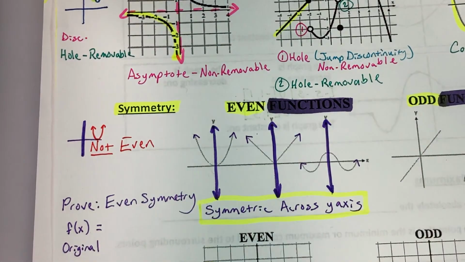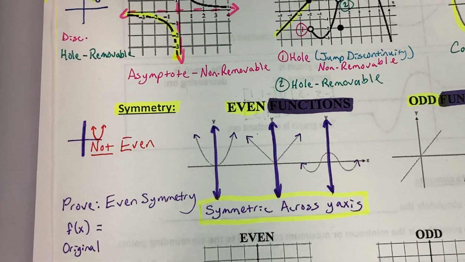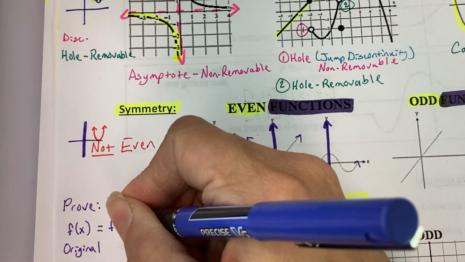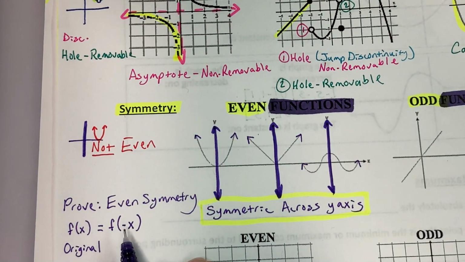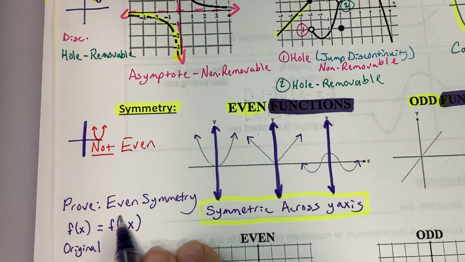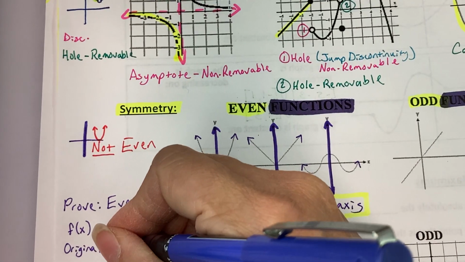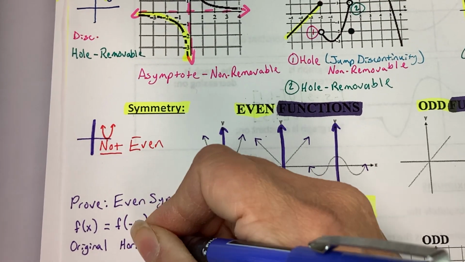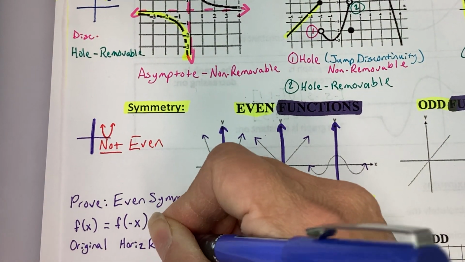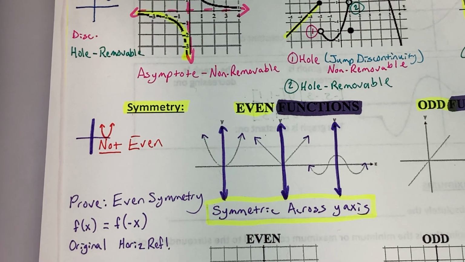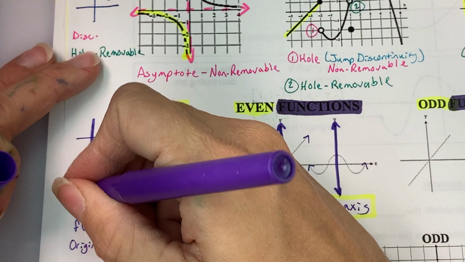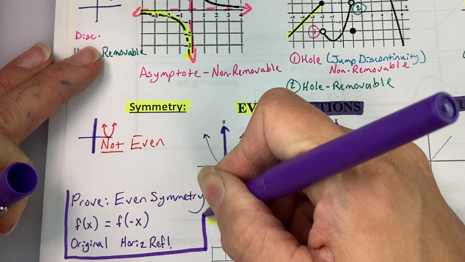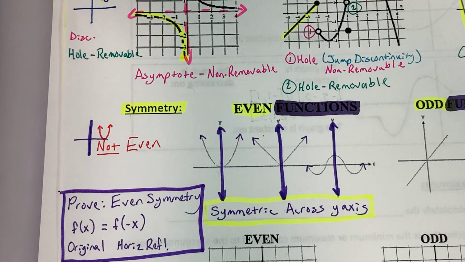What we would want to show is that horizontally reflecting it, or taking the opposite of the x value, so horizontal reflection is on the inside with x, we would want to prove that these yield the same equation and thus the same function. So this is how I prove even symmetry algebraically.